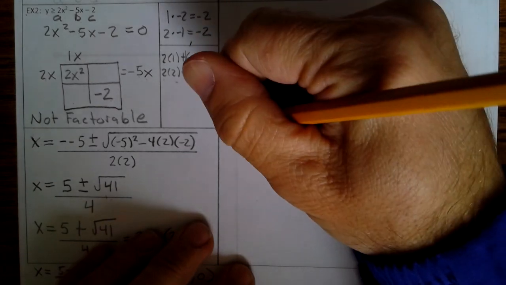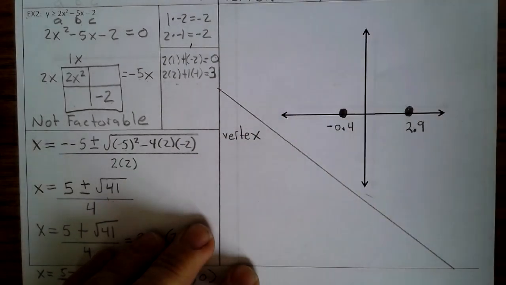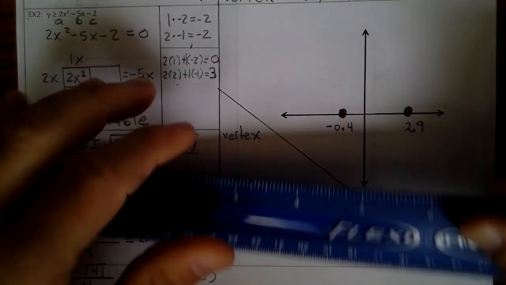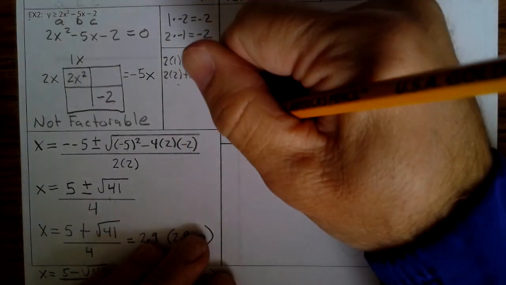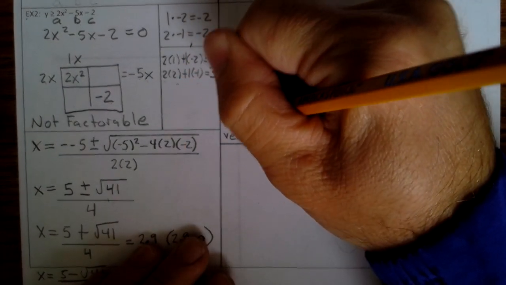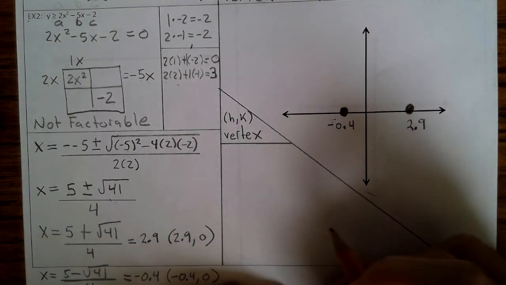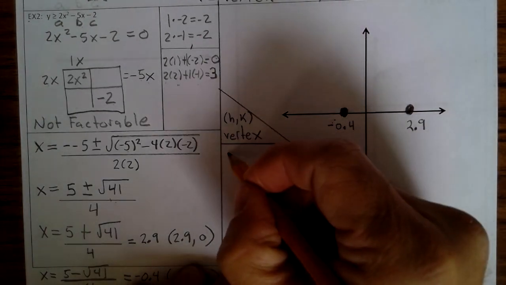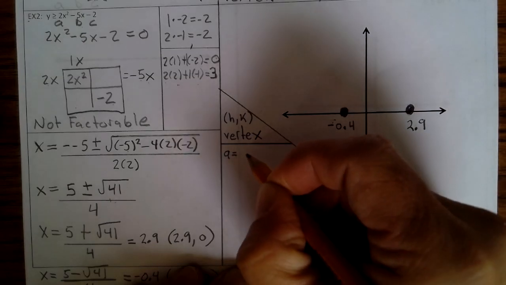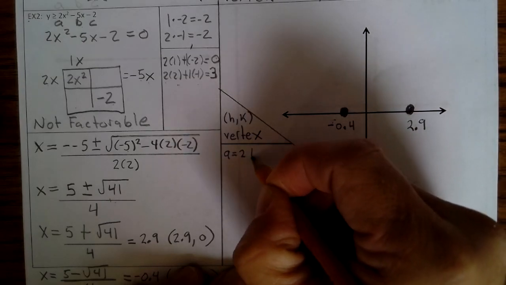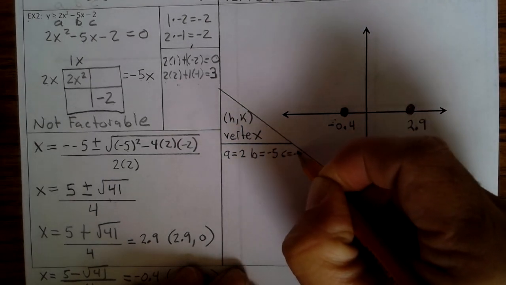Right, so let's find the vertex. Which, again, we know the vertex is h comma k. Right, and then from before, we need the A, B, and C value. So A is 2, B is negative 5, and C is negative 2.